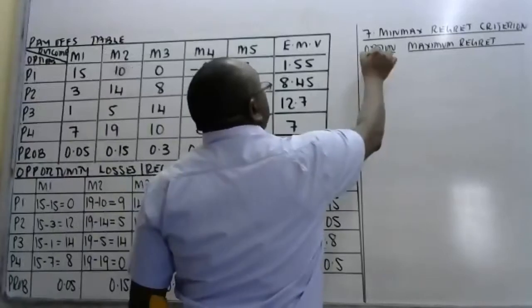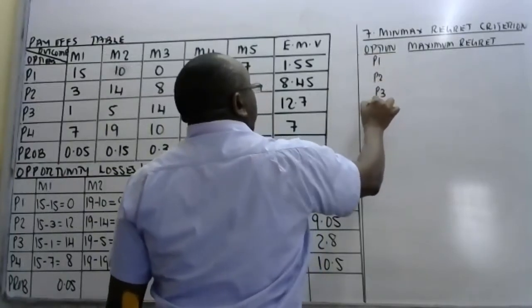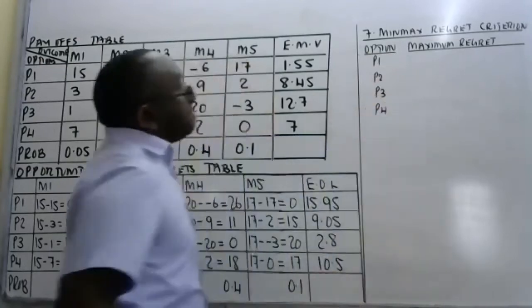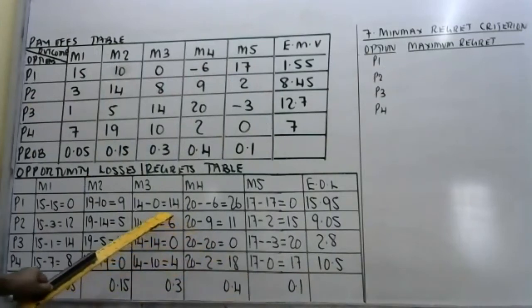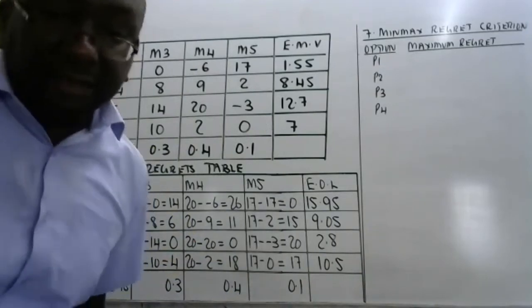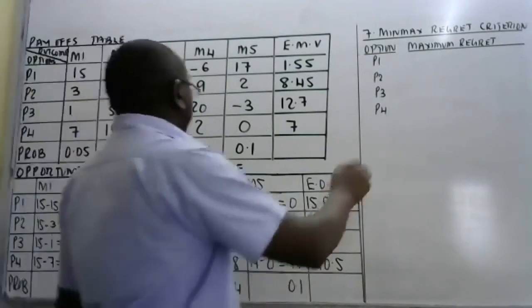So options P1, P2, P3, and P4. Now you come to the table of regrets. In this table of regrets, for P1, the maximum regret is 26.